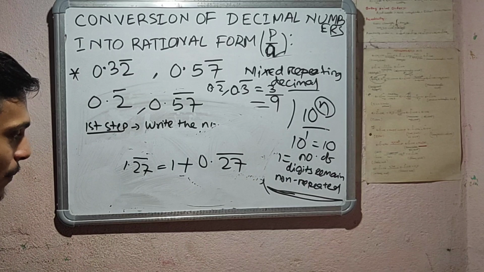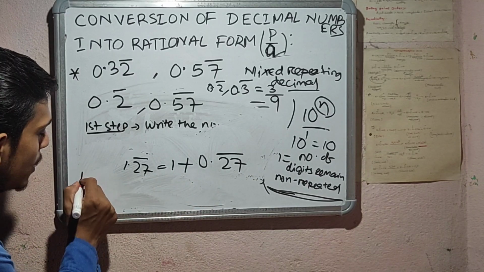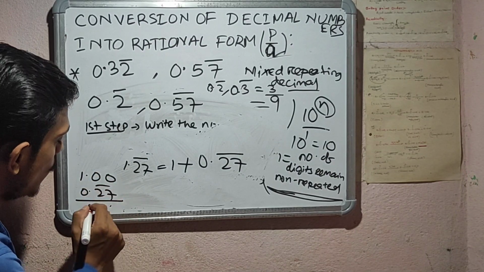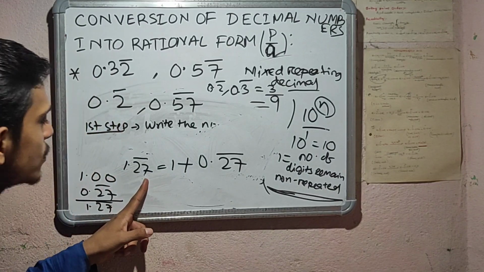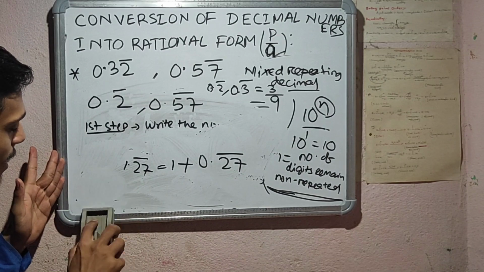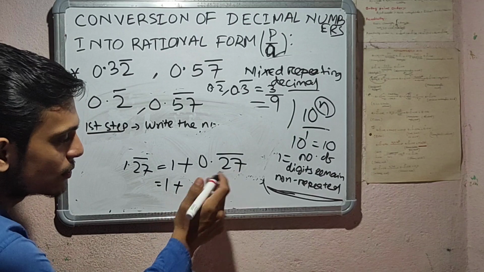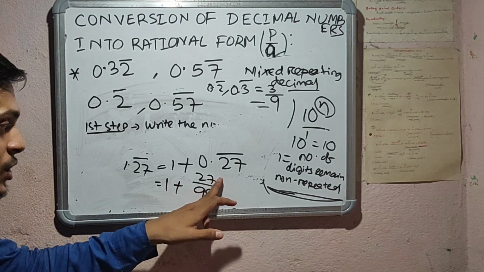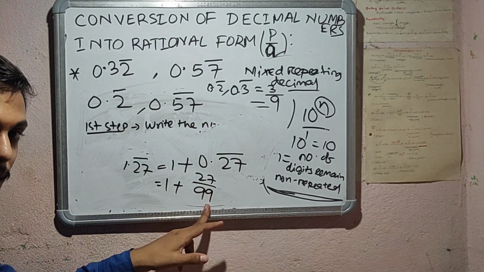Yes or no? 1 is rational, but 0.27 bar, you already know, is 27 by 99.